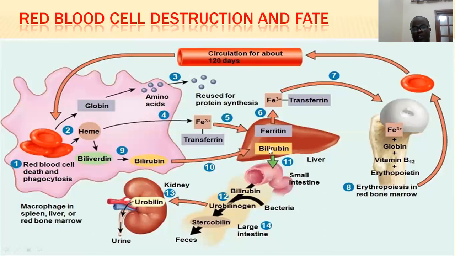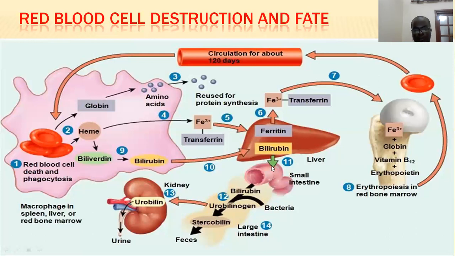The liver has cells that can convert the indirect bilirubin into the direct bilirubin. This reaction is called the conjugation reaction. The direct bilirubin will be excreted into bile. So the GIT is involved, into the small intestine. They will be released as part of bile or bile salts into the GIT.